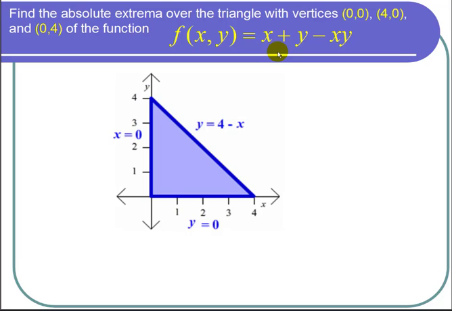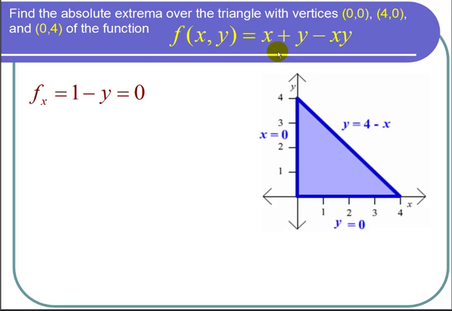So I set the partial derivatives equal to 0. f sub x is 1 minus y, and I set that equal to 0. And f sub y is 1 minus x, and I set that equal to 0. And I get x equals 1 and y equals 1. So a critical point occurs at the point (1, 1).